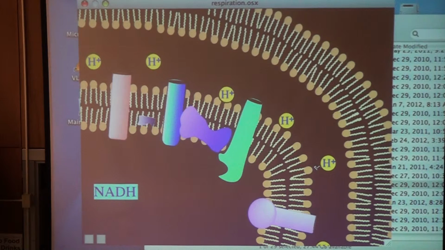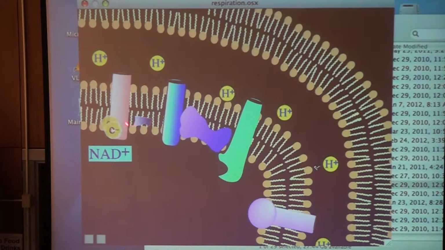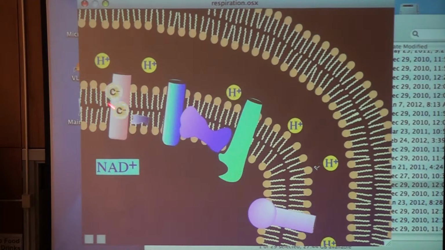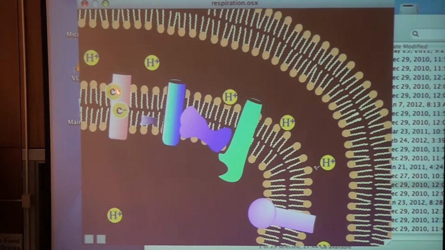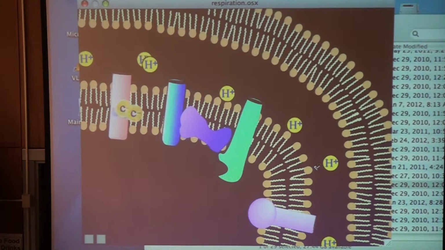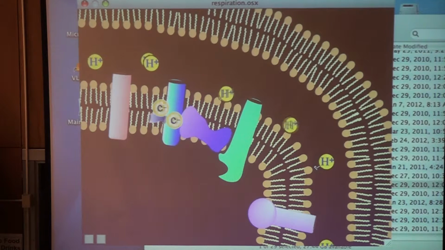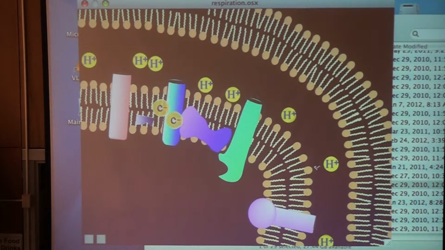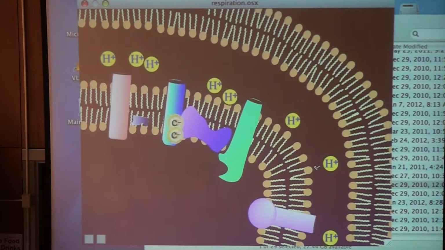Rotenone blocks this step right here, where the NADHs deliver their high energy electrons to cytochrome pump number 1. And so by blocking that step, well, it seriously reduces the ability of the mitochondria to do aerobic respiration. So the fish just got stunned from lack of energy in their cells.